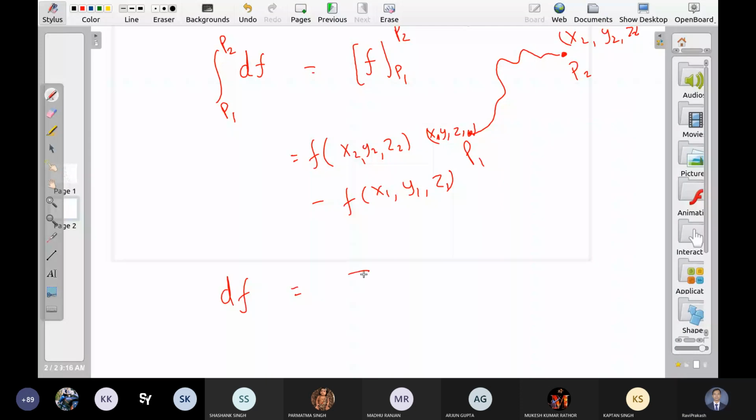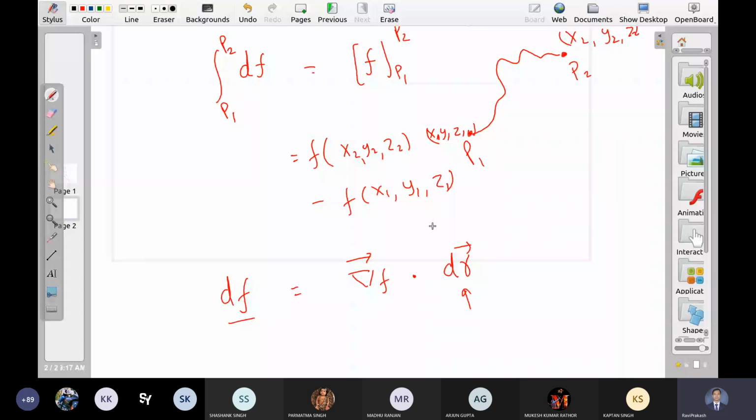Gradient of f dot dr or dl. Let us put dr. If you move along this direction, dr direction, then this much is the change. Change is given by this formula. Let us put this formula here.